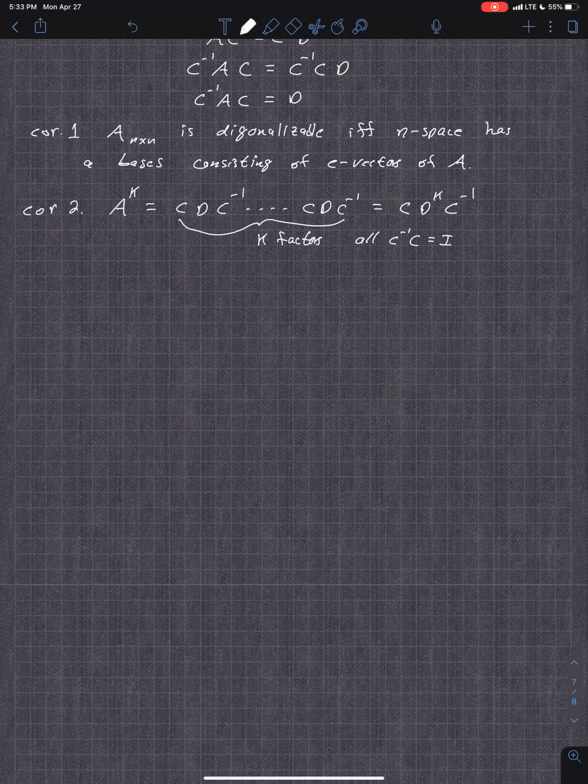I forgot the outsides are going to stay, this one and this one, and all the ones in the middle, basically when these are adjacent, they're going to give you I. So you can write A to the K like that. That's the corollary. And so D to the K is much easier to work with and calculate and has its benefits over just A.